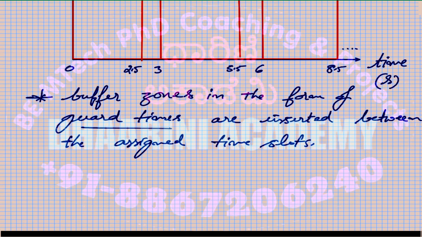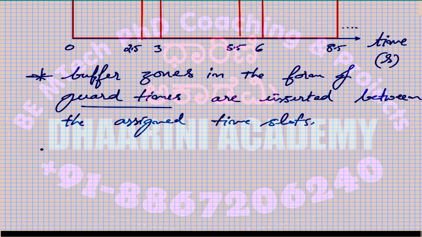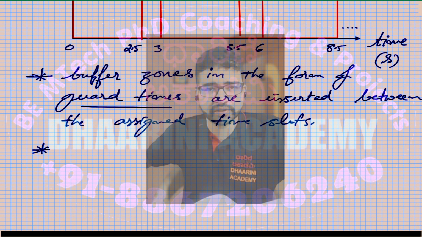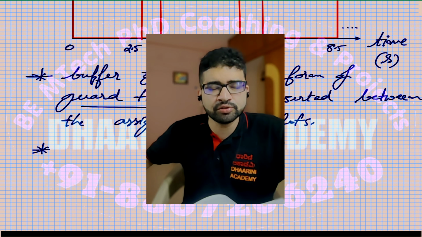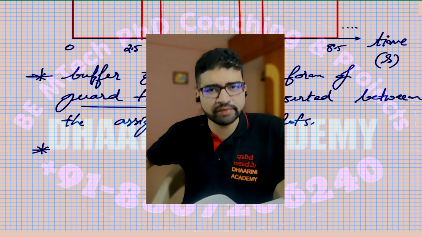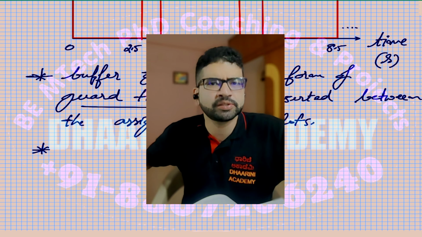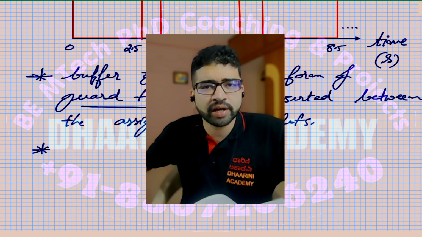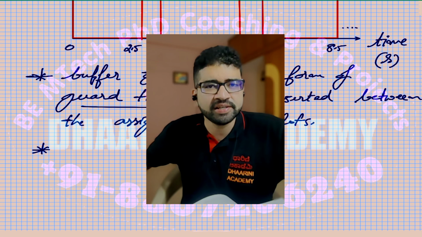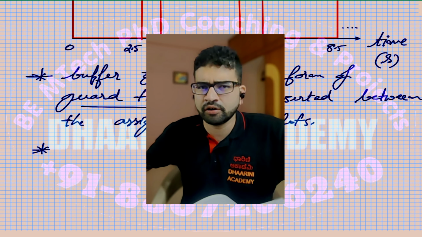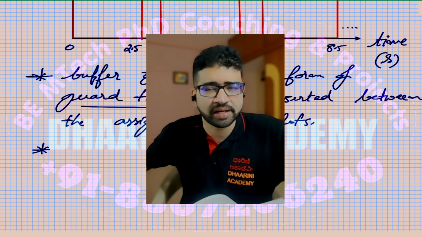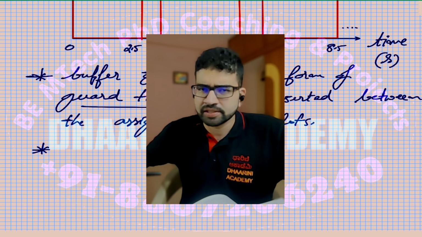Because of these buffer zones introduced between the time slots in the form of much smaller time slots, you try to avoid the uncertainty of timing. Maybe it is in terms of sampling or any other timing errors. We can try to reduce that straightforward.